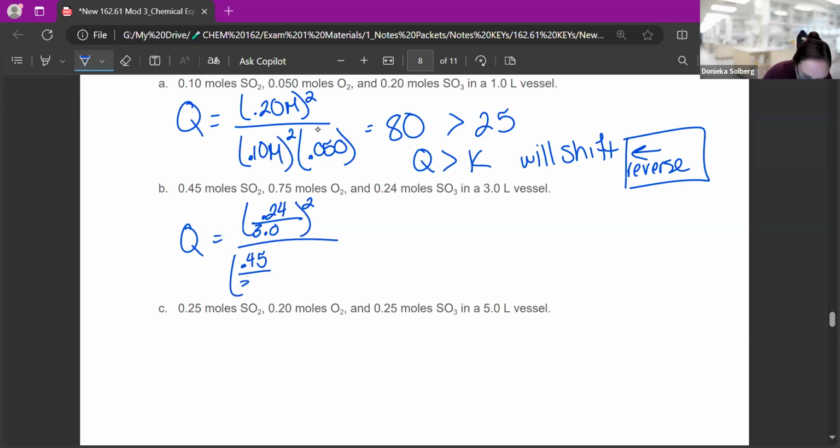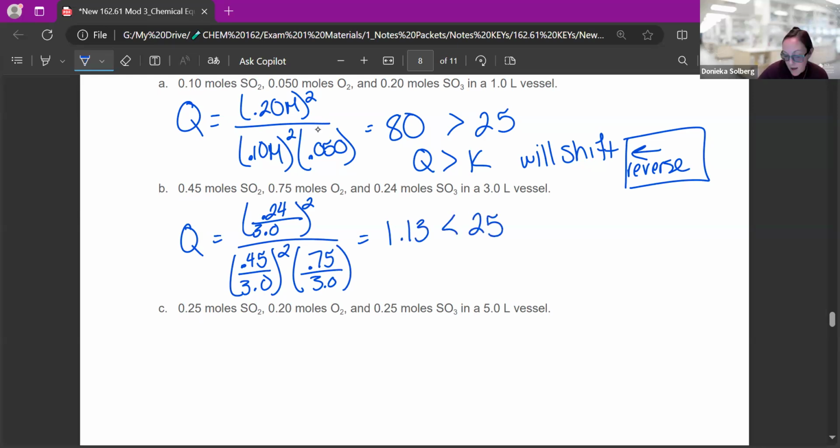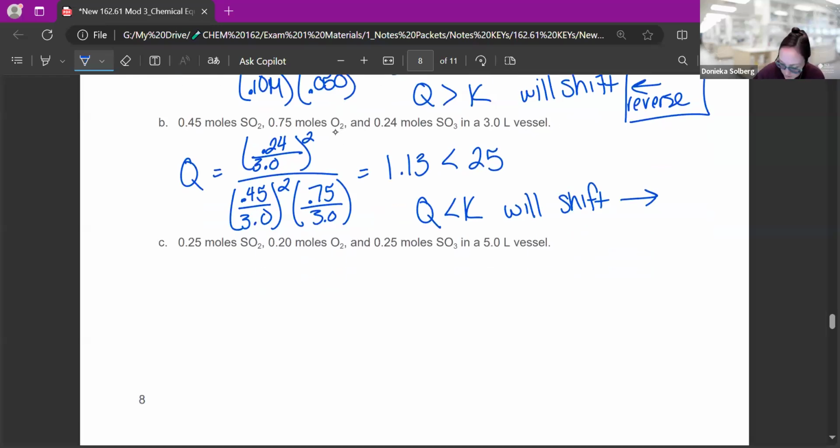So you cannot just plug in moles. You can try it if you want to. I promise you're going to get a different number. So be really careful with your parentheses. Plug it in on that end. This one's going to be 1.13, which is, of course, less than 25. So Q is less than K, means it will shift right, or forward.